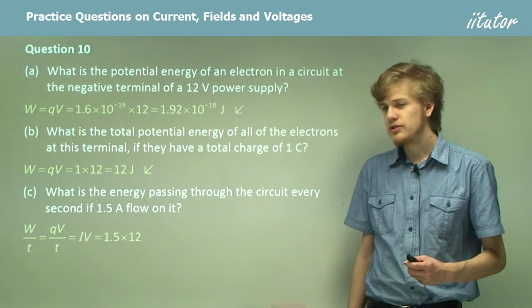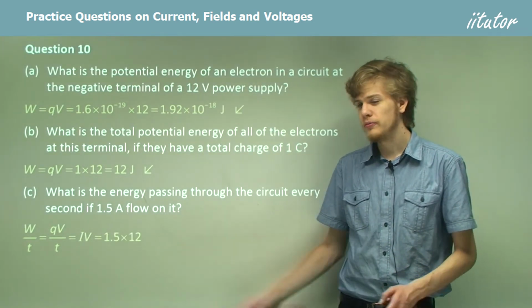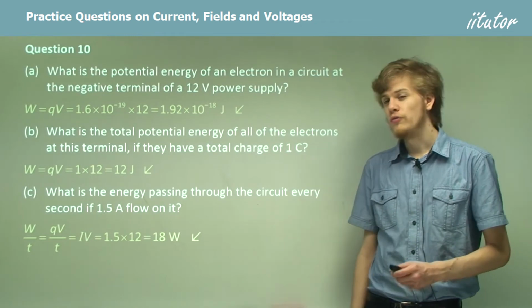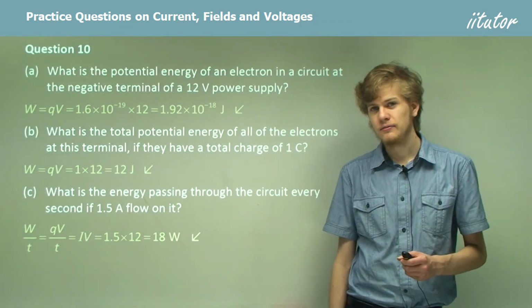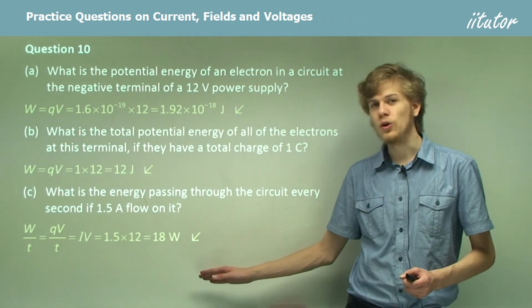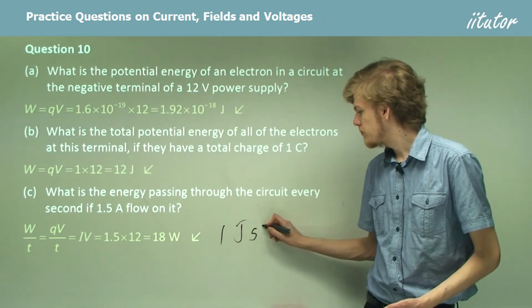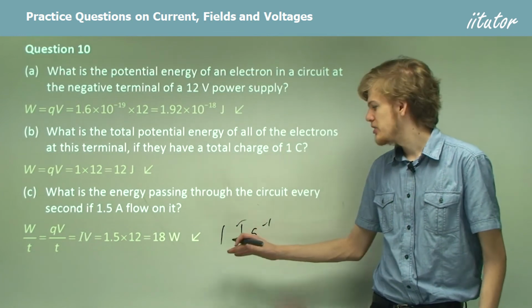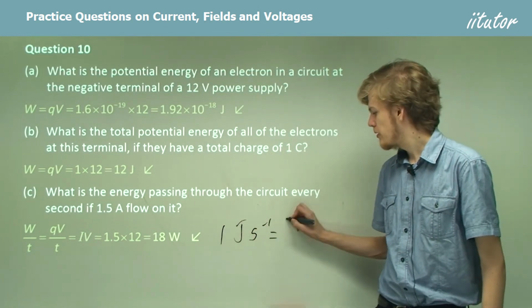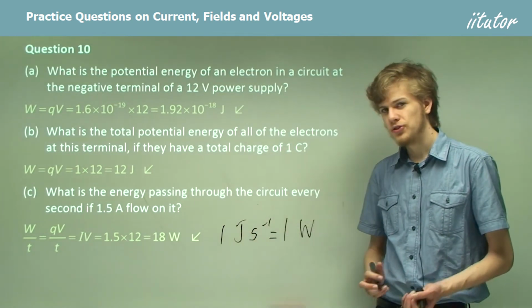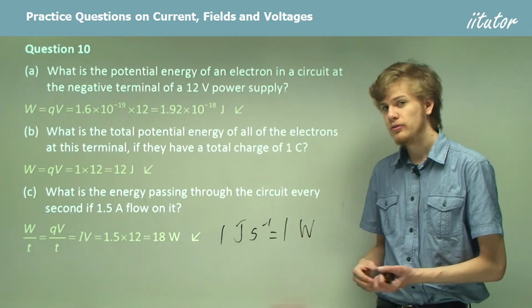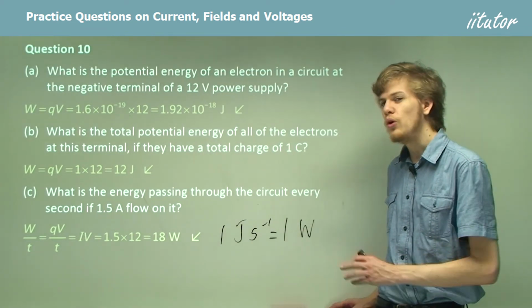And substituting in these numbers, we have 1.5 times 12, which gives us an answer of 18 joules per second, or 18 watts. Remember that 1 joule per second is a measure of power, energy per time, which we can also measure in watts. These units are equivalent. 1 joule per second equals 1 watt.